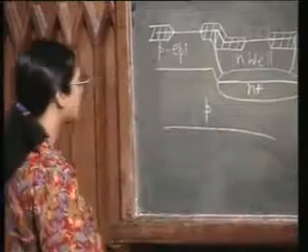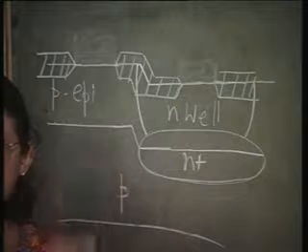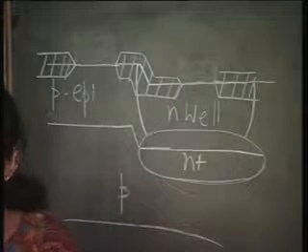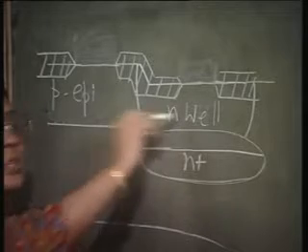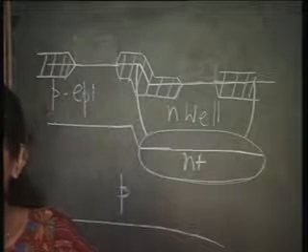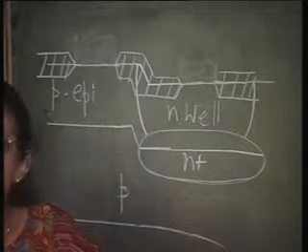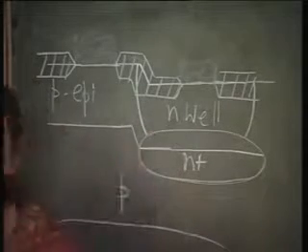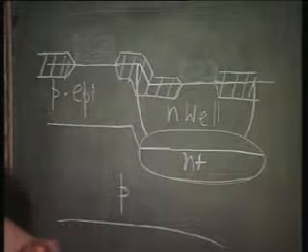Well, I have the N well clubbed with an N plus buried layer, which I am going to use for my PMOS, right. I could also use this identical region to form my NPN transistor.